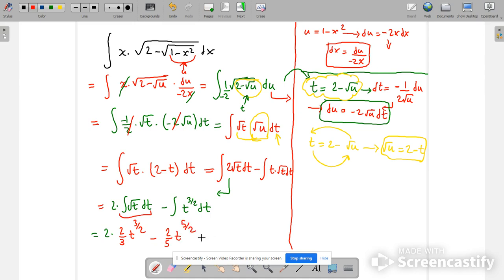The only thing we need to plug back in is t, because we know that t is 2 minus square root of u.